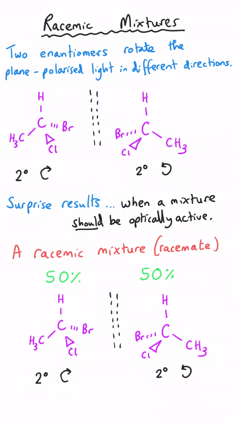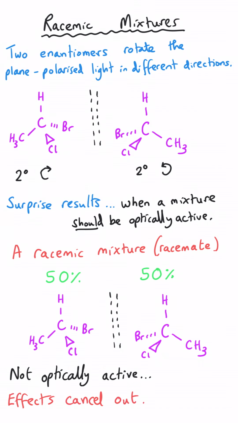And that means that their 2 effects have cancelled each other out, because in a sample there'll be billions of these optically active molecules. They will be present in equal amounts in this racemic mixture, sometimes called a racemate as well, and so their effects will cancel each other out and the sample will not be optically active.